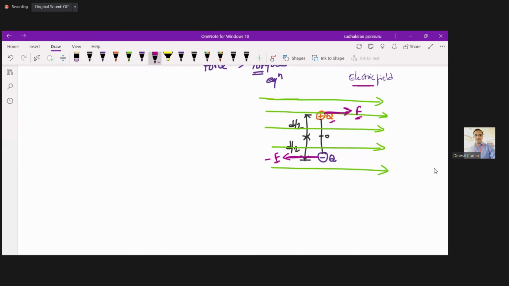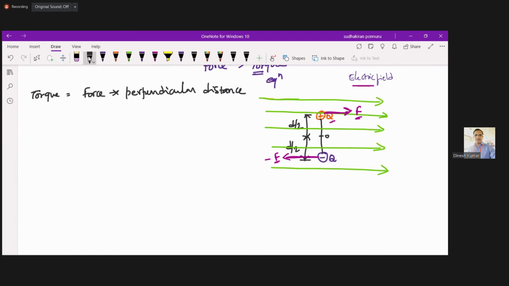Okay. So we know the basic definition of torque is force multiplied by perpendicular distance.